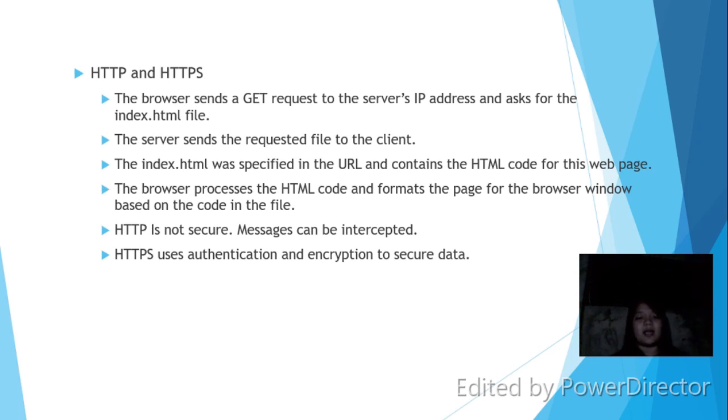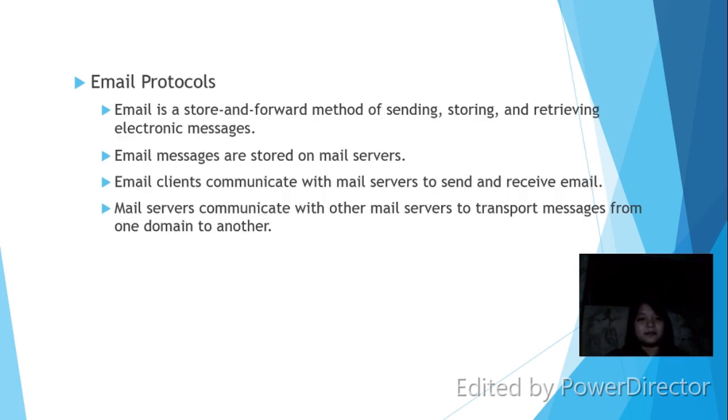HTTPS uses authentication and encryption to secure data. So the difference between HTTP and HTTPS is that HTTP is not secured, while HTTPS is secured because it uses authentication and encryption of data. Email protocols. Email is a store-and-forward method of sending, storing, and retrieving electronic messages.